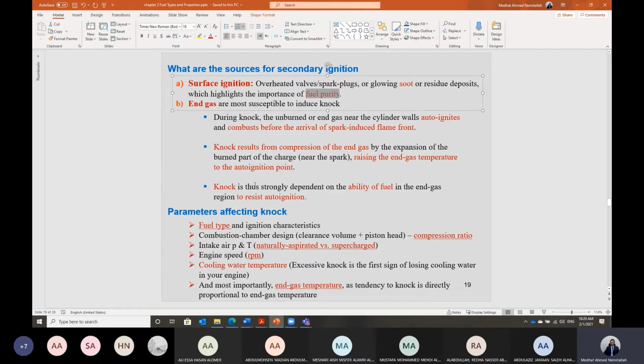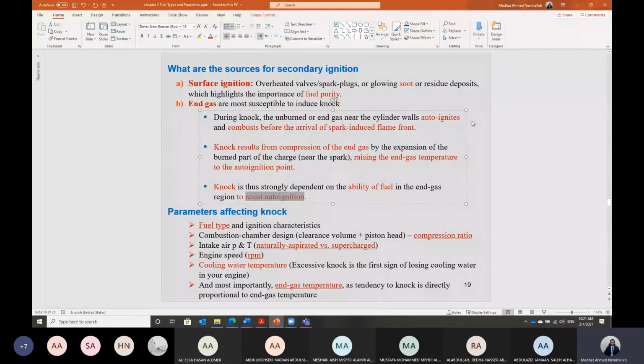And also, guys, knocking in the end gas is characterized by the properties of the fuel in the end gas region, the ability of the fuel to resist auto-ignition in the end gas region. So knocking is mainly a function of the fuel properties, or what we call the fuel octane number.